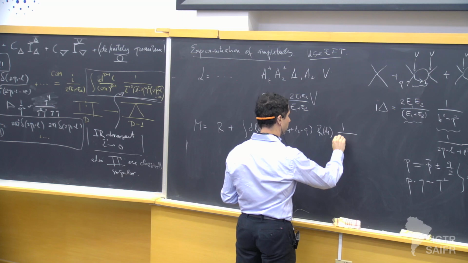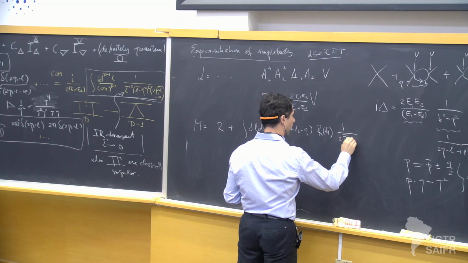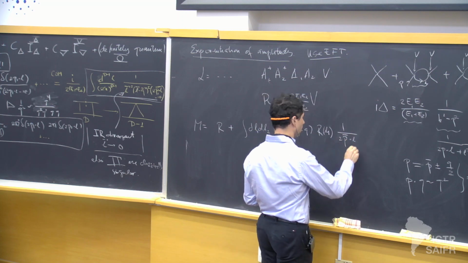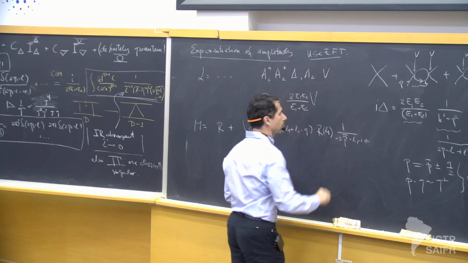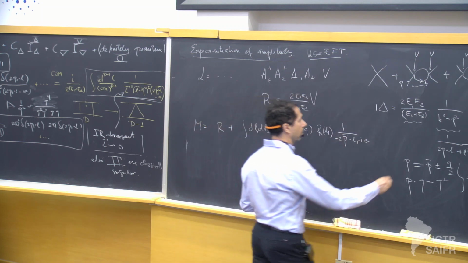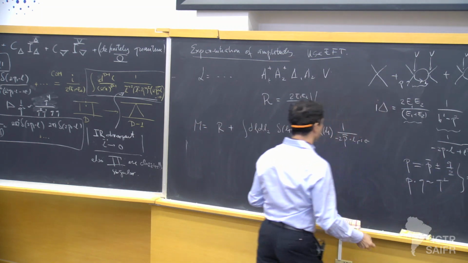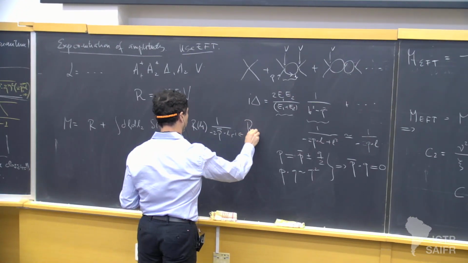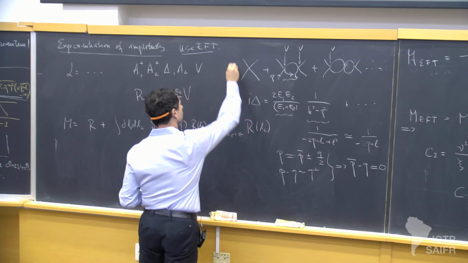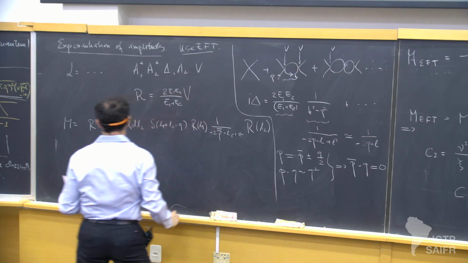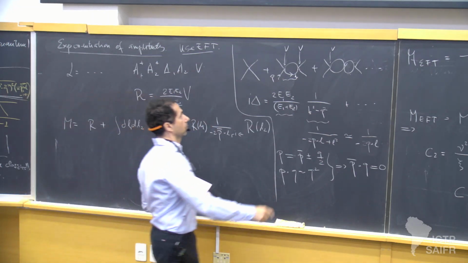There's 1 over twice P bar dot L1 minus I epsilon, and somehow there's a sign which I inconveniently lost along the way, and then there's another R here of L2. So this is the thing for this graph.